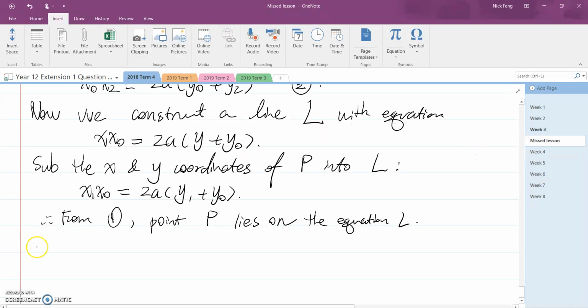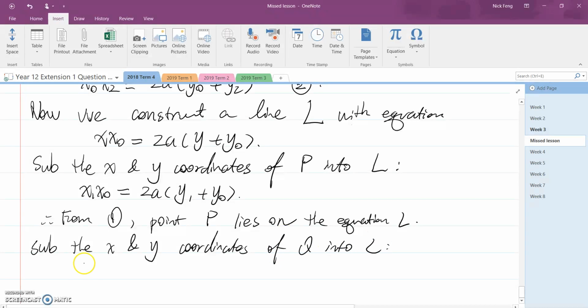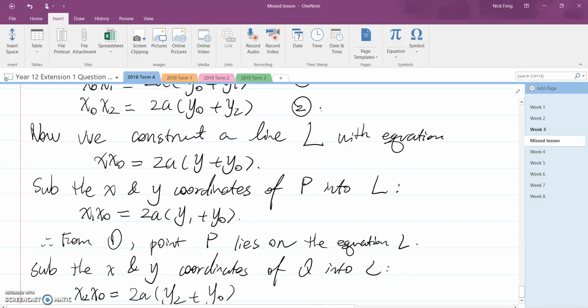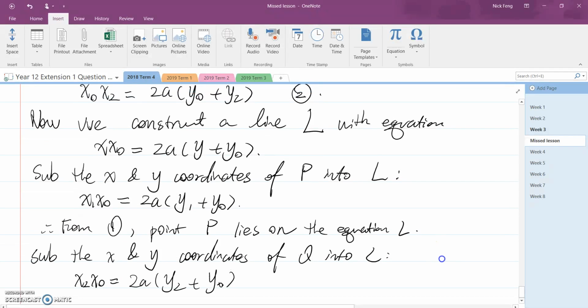Now, if I do the same thing again, if I sub the x and y coordinates of Q into my equation L, that will give us x0 equals 2a(y2 plus y0), and you see this is in fact my equation 2, which we have already proven is true.